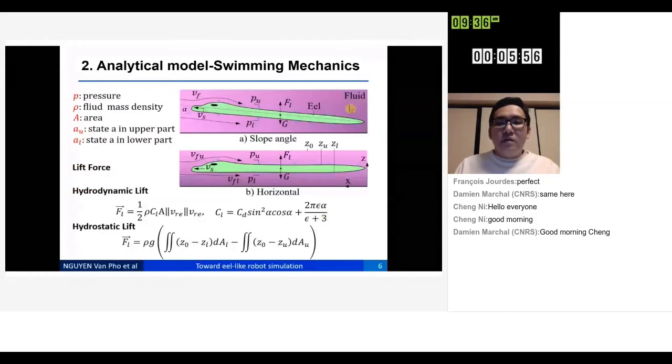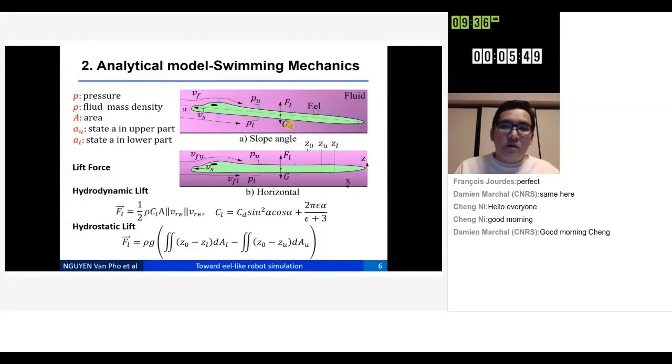On the side view, because the gravity force already exists in SOFA, we calculate the lift force. In this scenario, the lift force includes 2 cases.